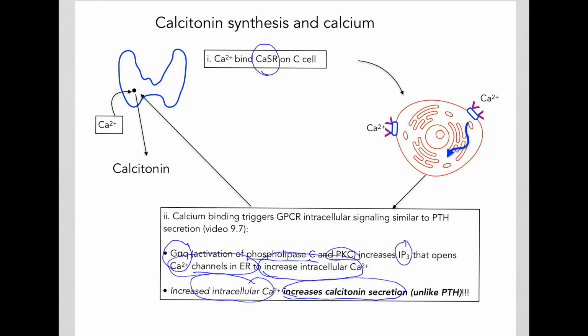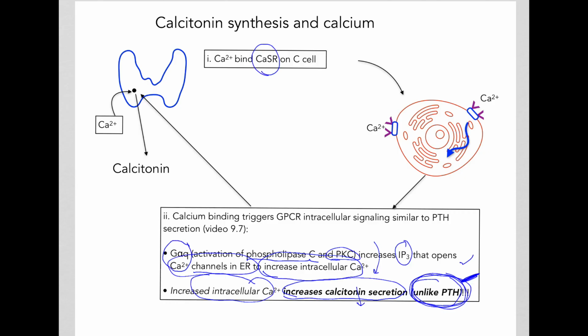Okay, so this is unlike PTH. In the last video, remember, we discussed that although the calcium concentration increases, PTH secretion decreases. So that's very unusual for PTH to do. In most cases, whenever intracellular calcium increases, the secretion of the biomolecule, whatever it is, a hormone or neurotransmitter, tends to increase.